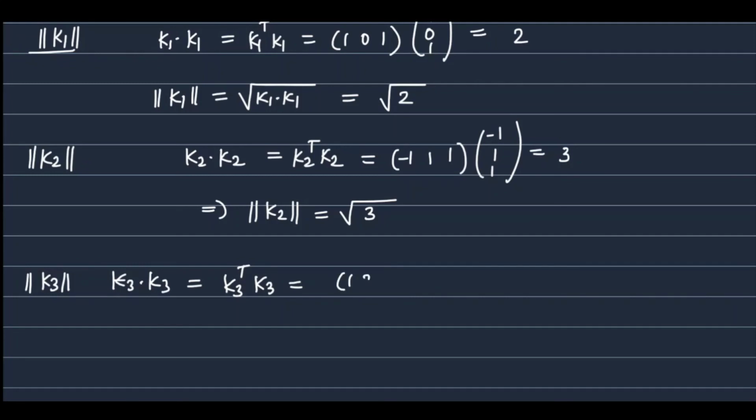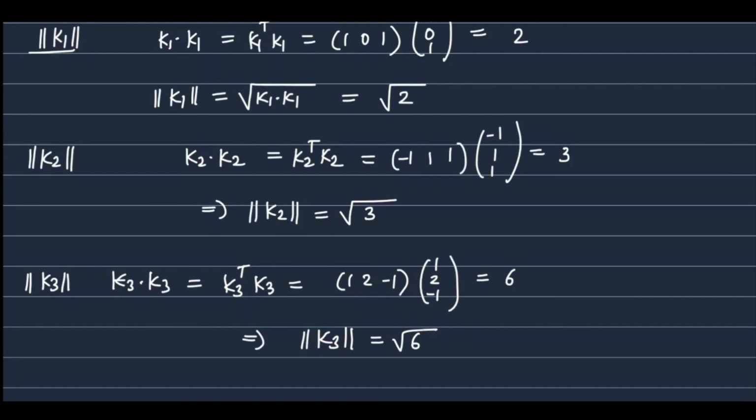So 1, 2, minus 1 times 1, 2, minus 1. Again do the dot product: 1 into 1 plus 2 into 2 plus minus 1 into minus 1. So you will get it as 6. This implies norm k3 is equal to the square root of 6.